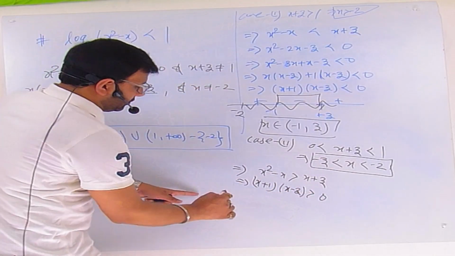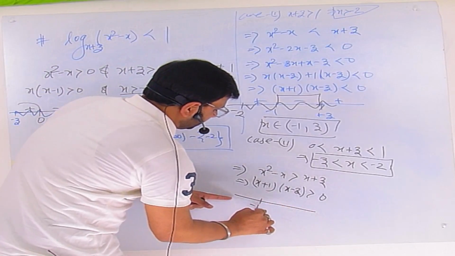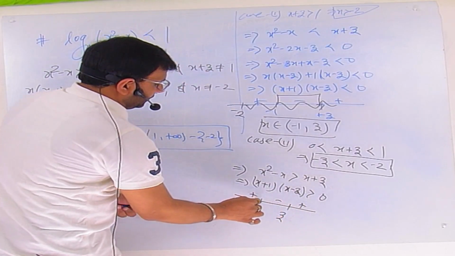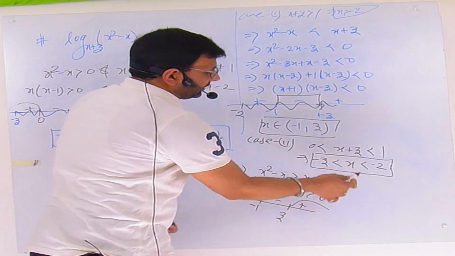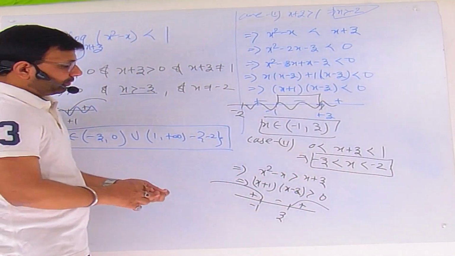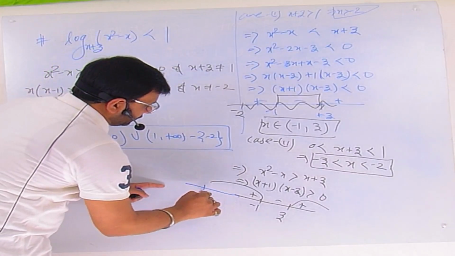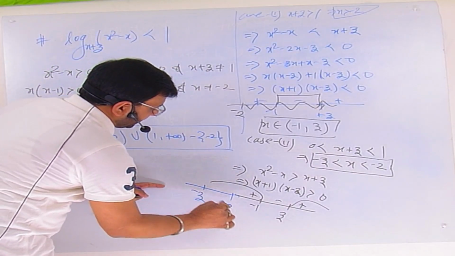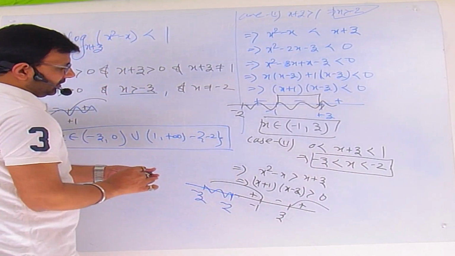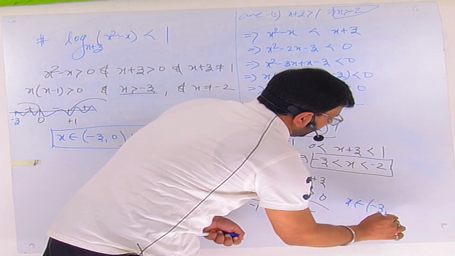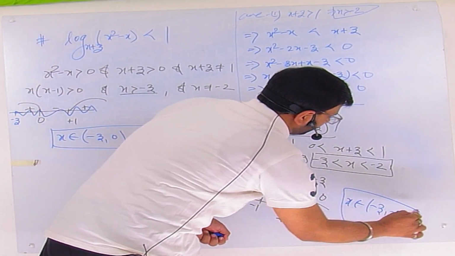The roots are minus 1 and 3, with signs plus, minus, plus. On this side there is no common value, so the value of x is minus 3 to minus 2, which is common. So from case 2, I am getting x as minus 3 to minus 2.